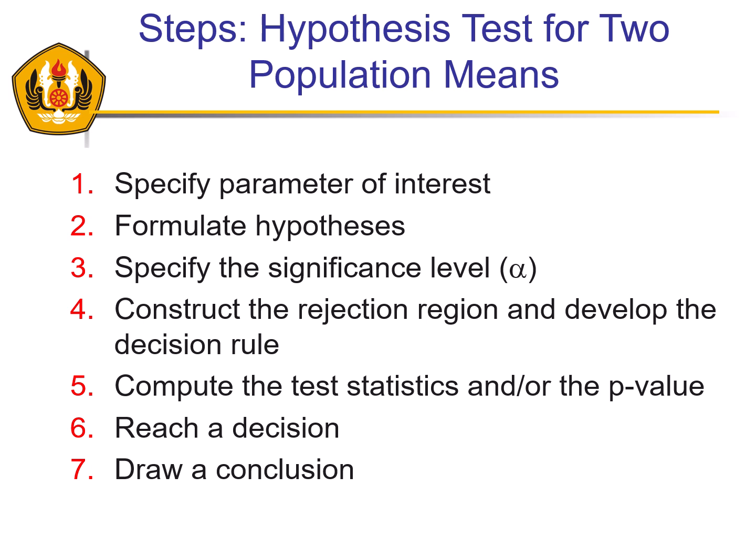The fifth is to compute the test statistic and or the p-value, chosen from the appropriate assumptions, whether sigma is known or unknown, and whether sigmas are equal or unequal. The sixth step is to reach a decision, and the seventh is to draw a conclusion.